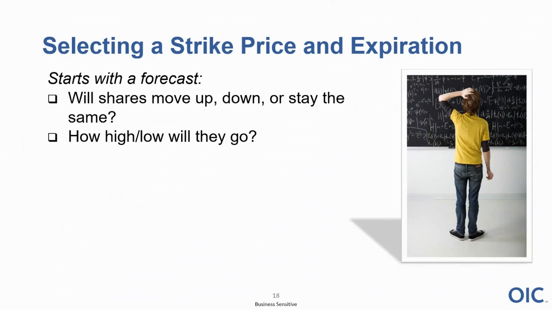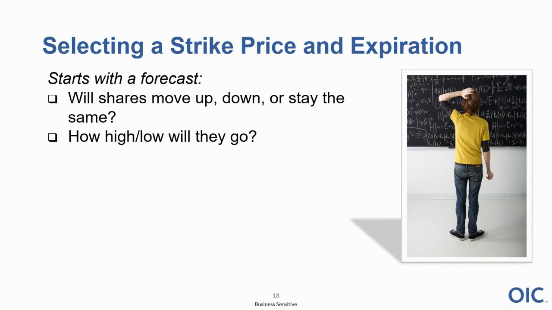I also want to know which way that stock is going to go. If the stock's going to go up, then I'm going to want a strike price that takes that into account and choose a strategy that takes that into account. If I think the stock price is going to stay the same, then I'm going to choose a strategy that benefits me or allows me to profit on a stock with a price that stays the same.